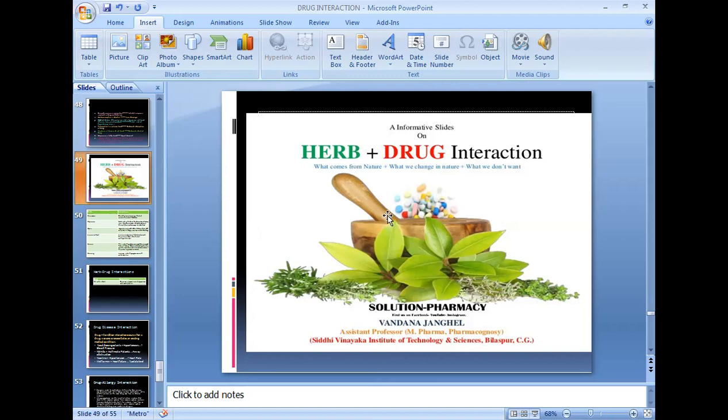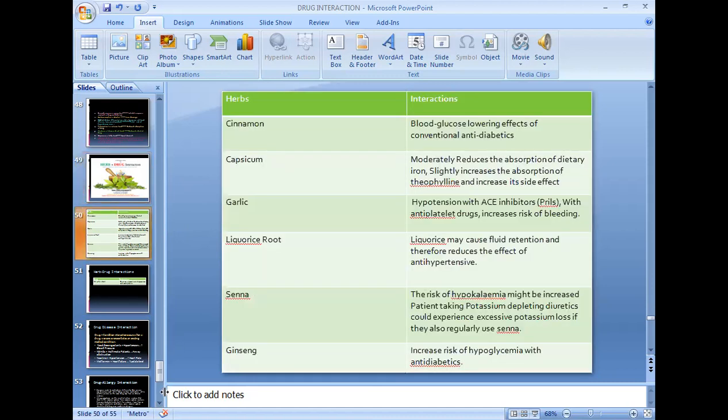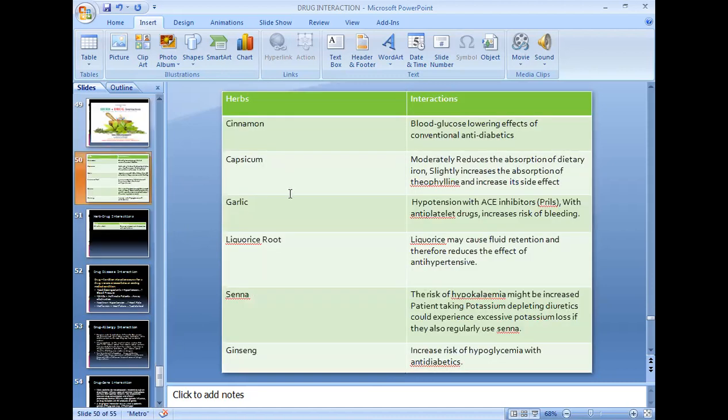We can take a few examples of drug-herb interaction. Cinnamon, which is the most common domestic herb, when it is taken with an anti-diabetic drug, there will be increased hypoglycemic effect.